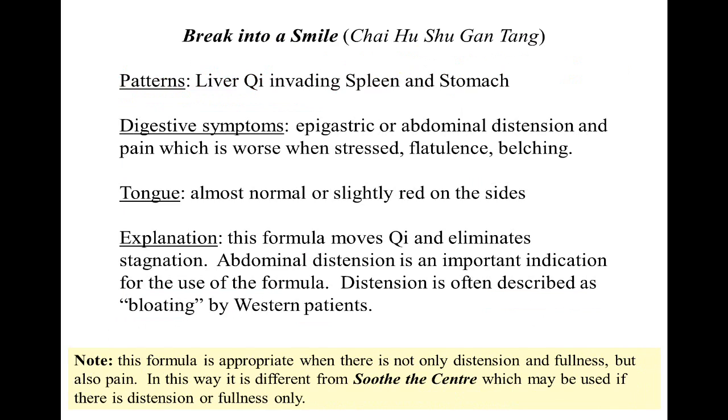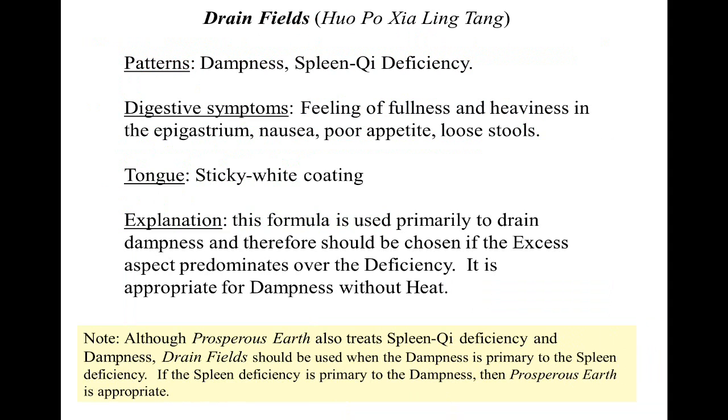So we're discussing Drain Fields, which is for dampness without heat, and it is incredibly common. As I said, in Chinese books, when we talk about dampness, it's always damp heat.